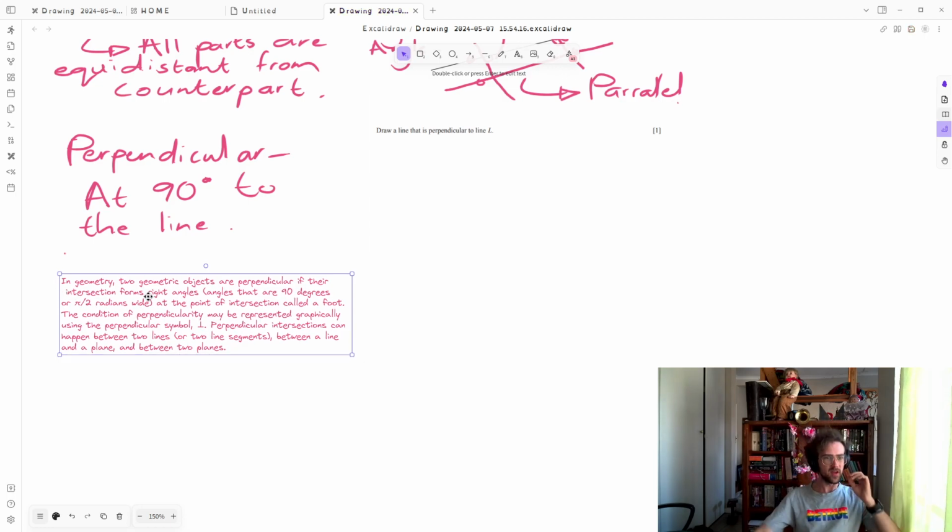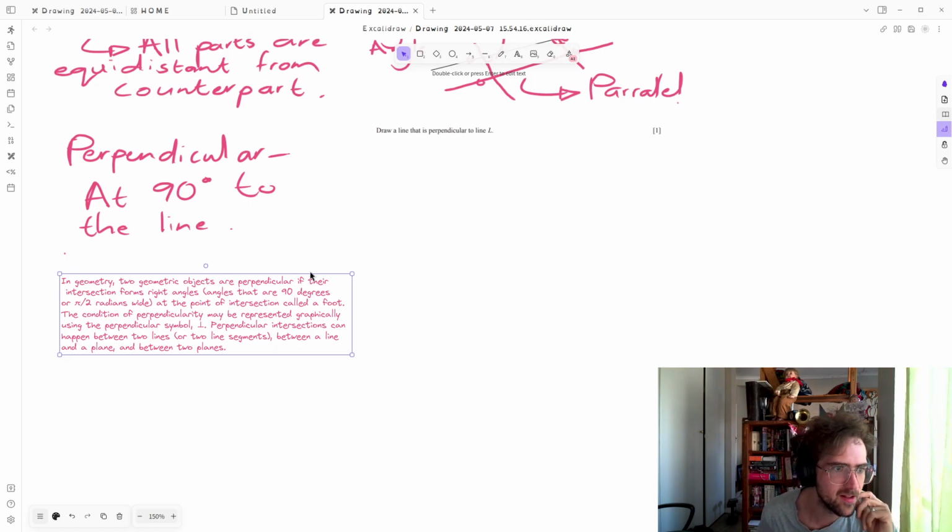So in geometry, two geometric objects are perpendicular if their intersection forms right angles, angles that are 90 degrees or pi divided by 2. So half pi or radians.